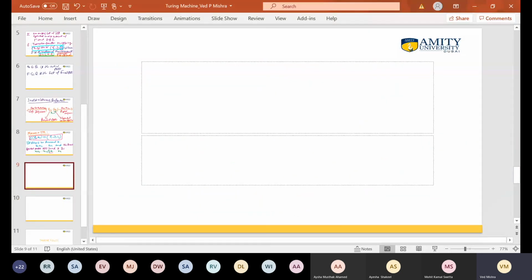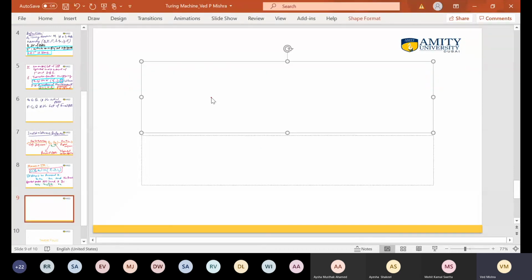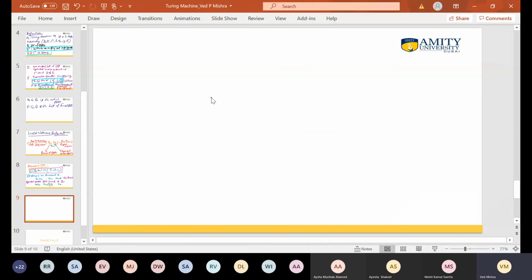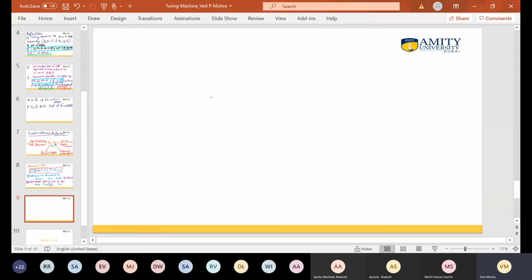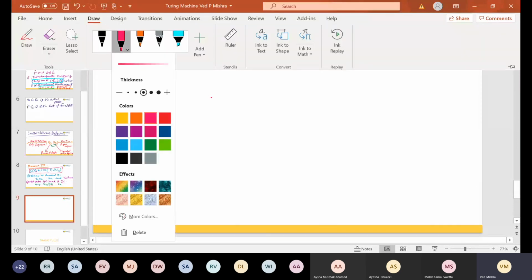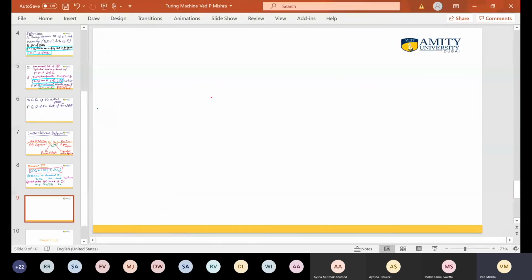I'll just write it one more time, the same thing, so that we can write it easily. What we wrote: x1, x2 till xi minus 1, and then you had q, and then you had xi, and you were going till xn.